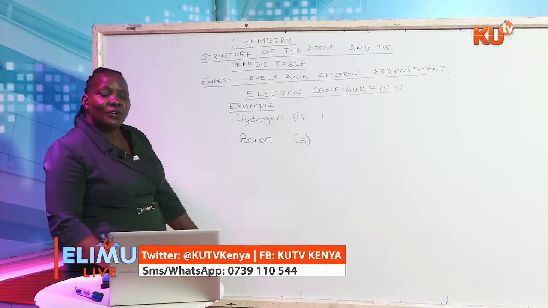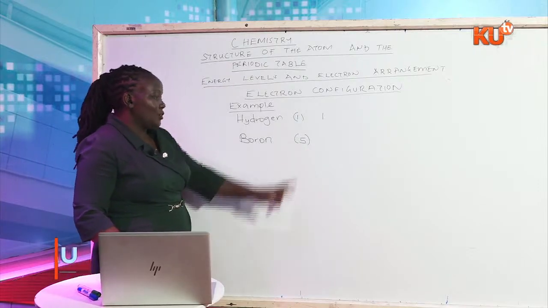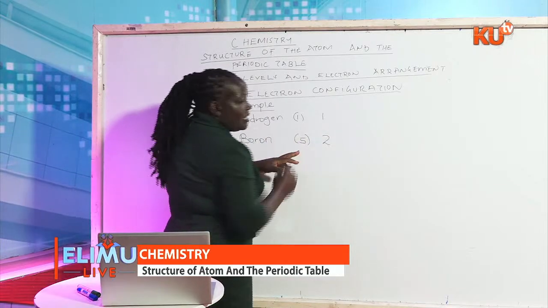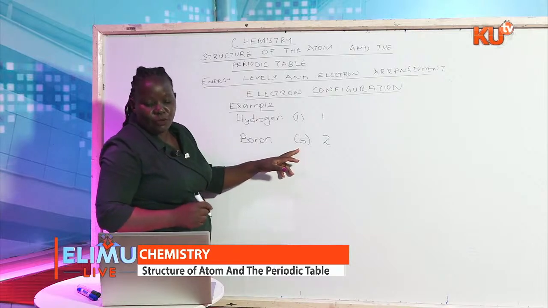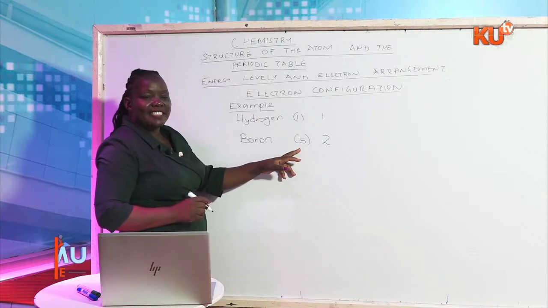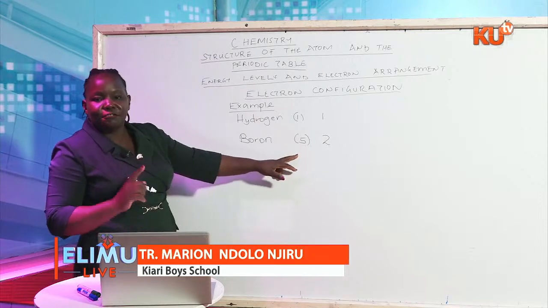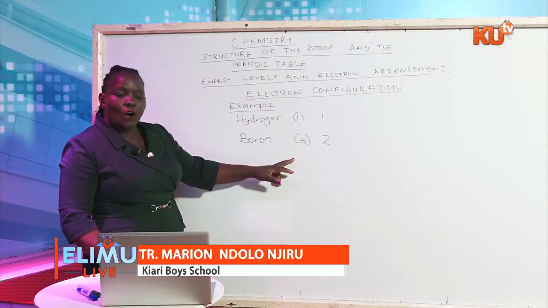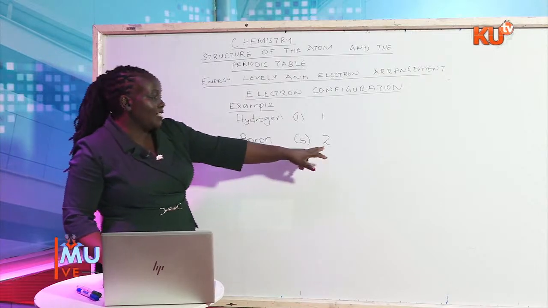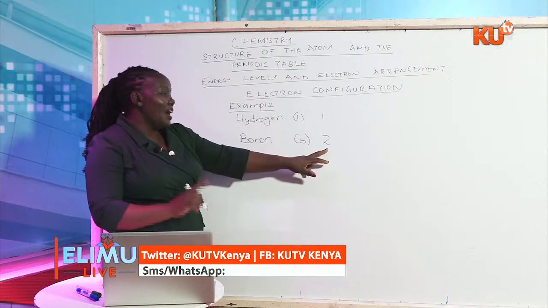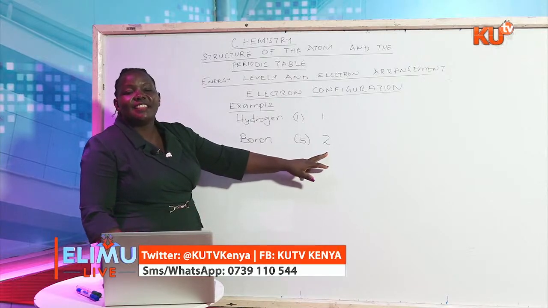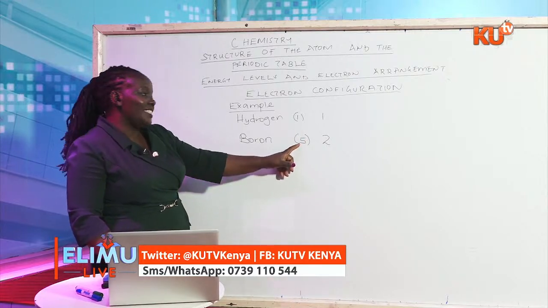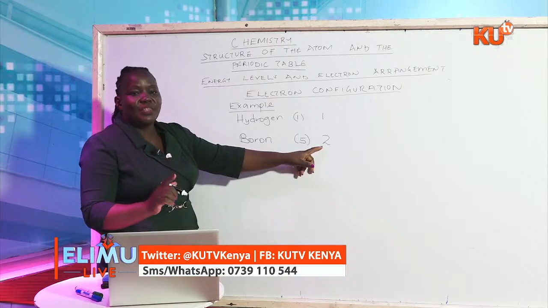In this case, because boron has 5 electrons, 2 of the electrons will be held in the first energy level, because we said the first energy level can only accommodate a maximum of 2 electrons, so it must be full. If 2 electrons are accommodated in the first energy level, and we have a total of 5, then 5 minus 2, we are left with 3 electrons.